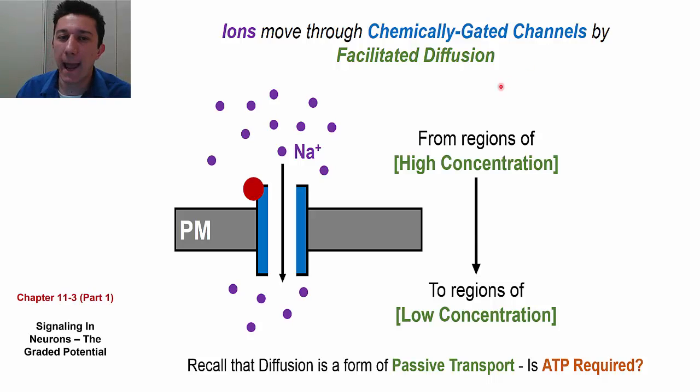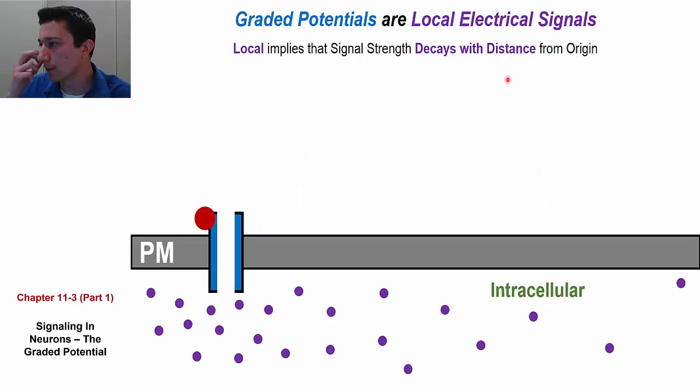Okay, so we saw what happened when a neurotransmitter binds to a chemically gated channel or receptor. We described the graded potential as an electrical signal that decays with distance, and we'll see what we mean by that.